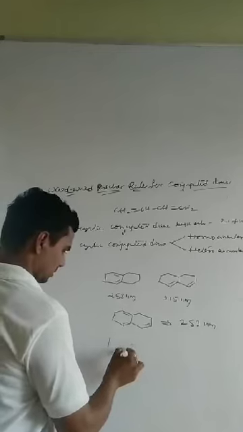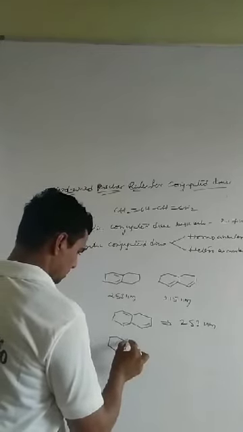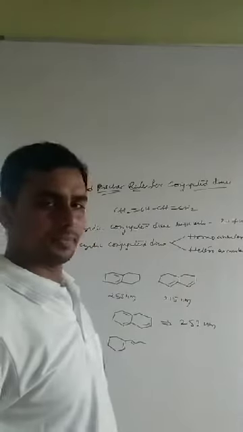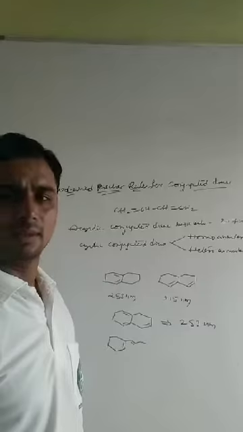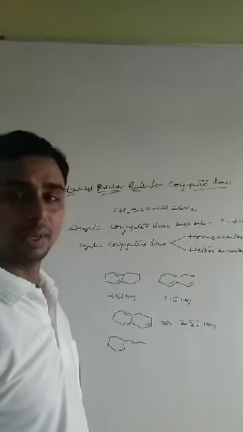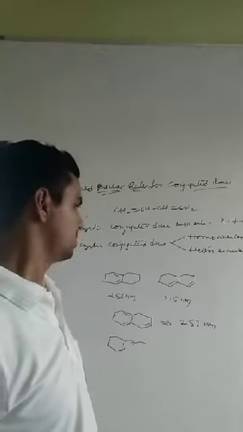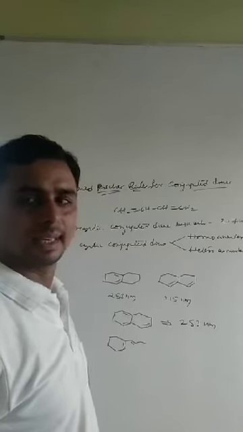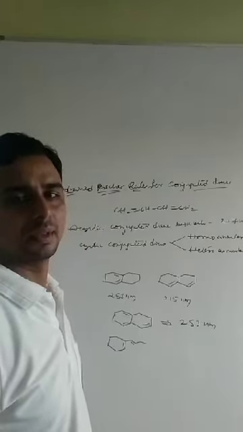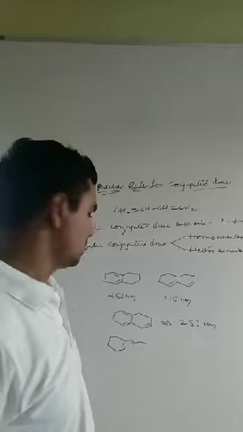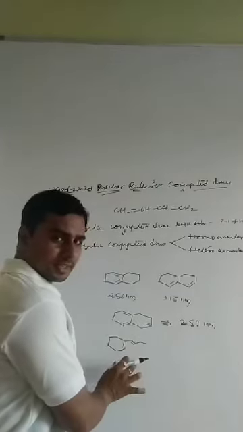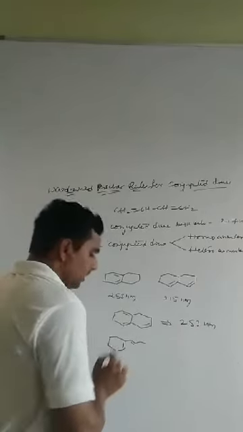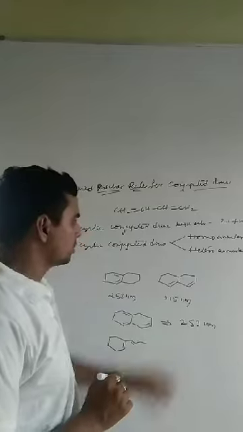Another question. In our examinations, we first observe whether the molecule is acyclic or cyclic. Here it is a cyclic compound. If cyclic, we go to the definitions.